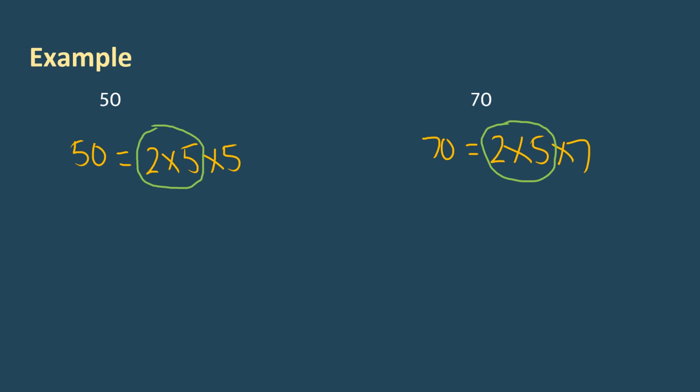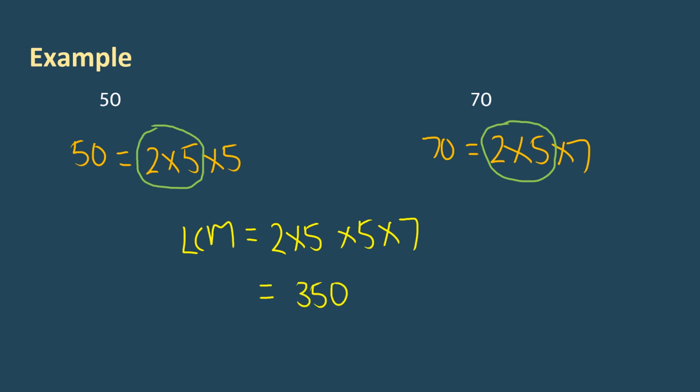Lowest common multiple is equal to highest common factor times the remaining numbers. So highest common factor is 2 times 5, and the remaining numbers are 5 and 7. Therefore, the lowest common multiple is 350. You managed to get the answer?